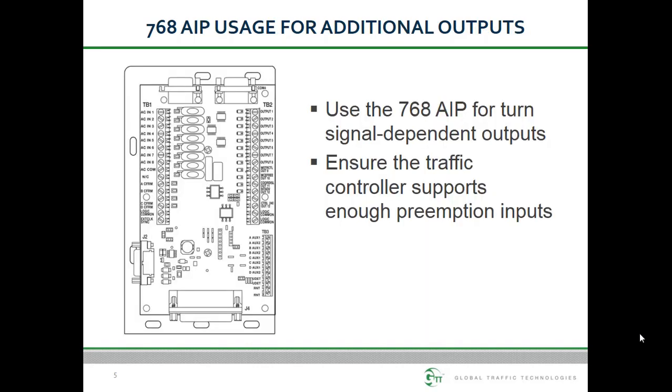There are some applications that may require the use of the 768 auxiliary interface panel or AIP. The AIP installation and usage video describes the most commonly used AIP capabilities.